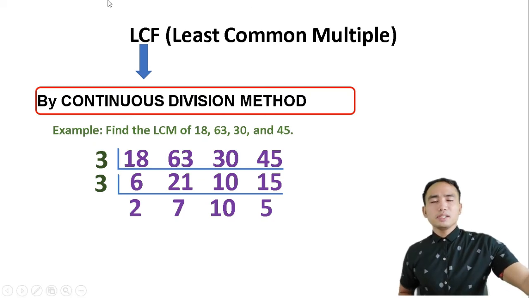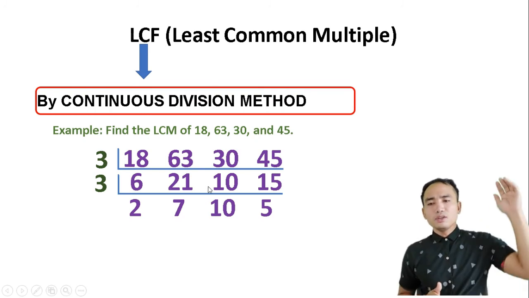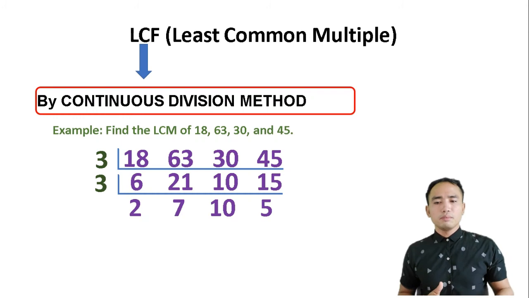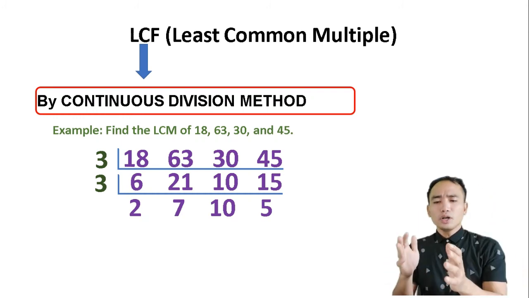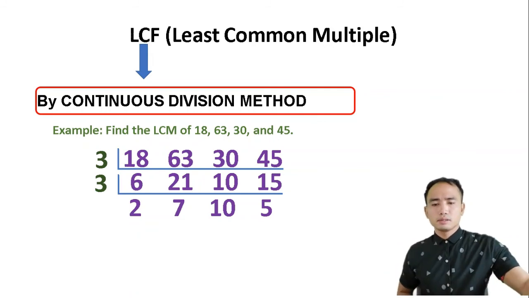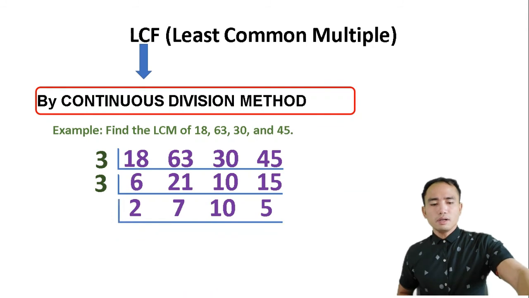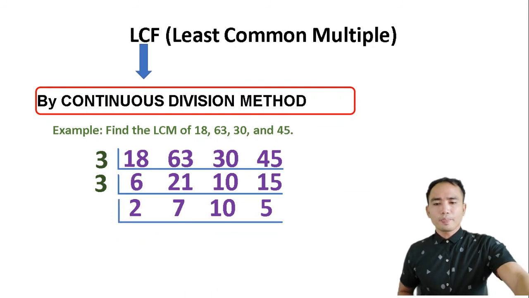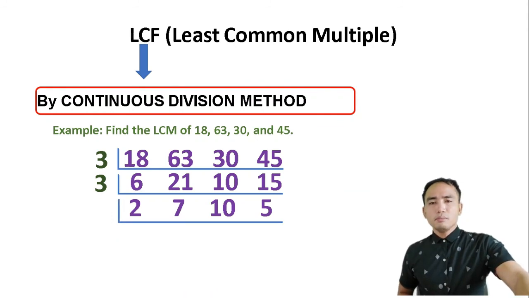So this is continuous division. The concept here is to continue dividing the numbers with a prime number until all the factors and the quotients are prime numbers. So let us continue dividing. These numbers can be divided by 2 because 2 divided by 2 is 1.